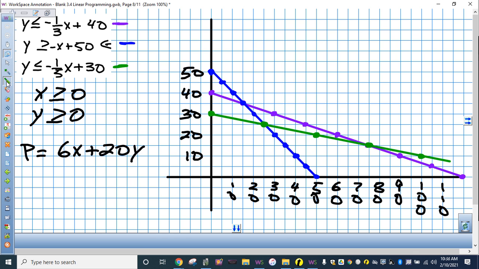Okay, so now we have to think about where we're graphing. The two less-than lines are purple and green. I could be in this area, or I could be in this area, but it's greater than blue, which means here is my feasible region. That unusually shaped area right there.